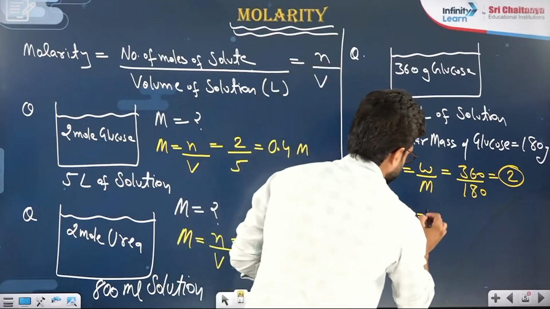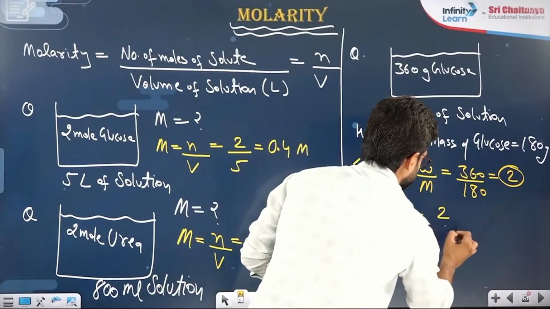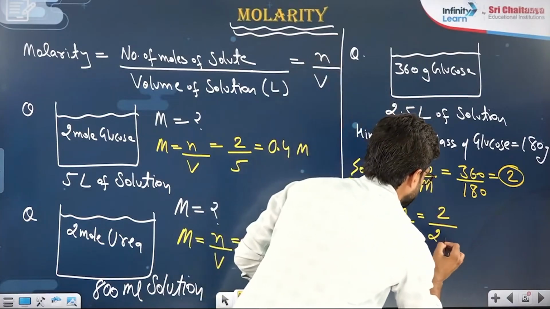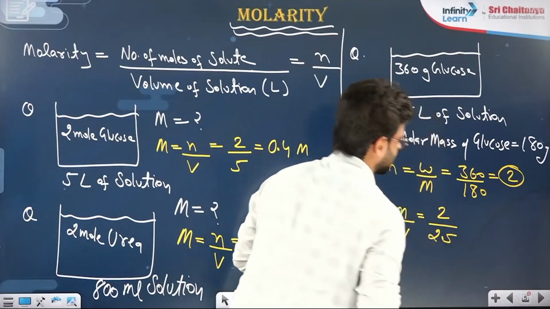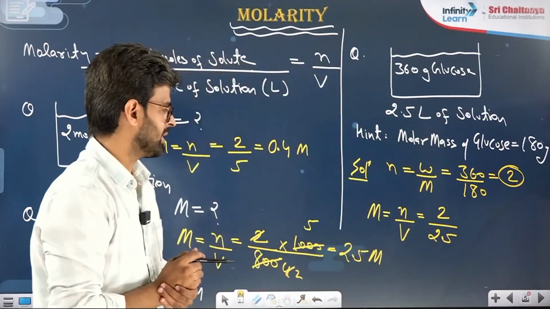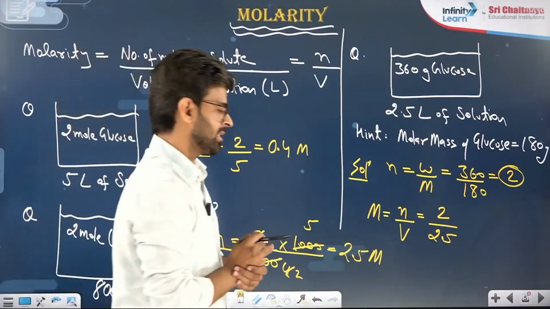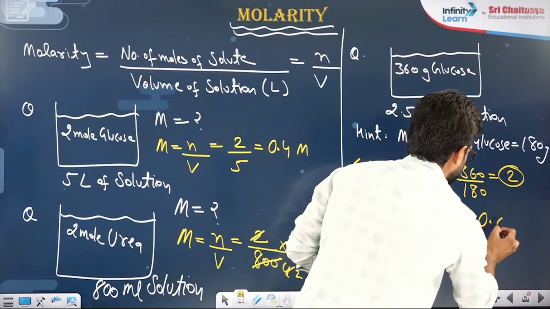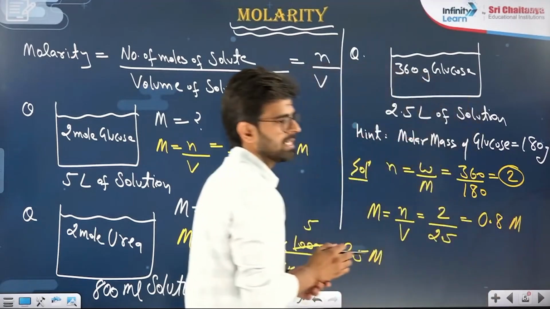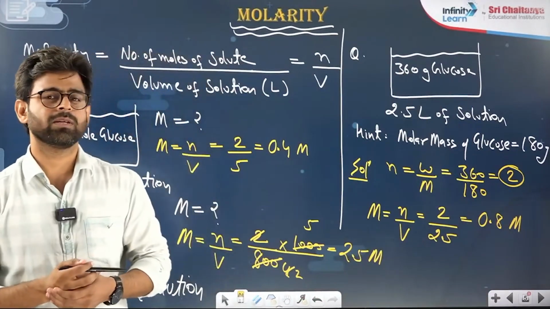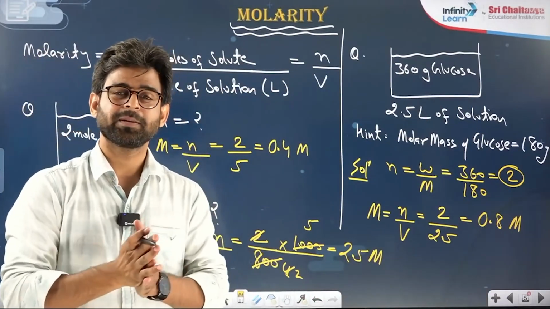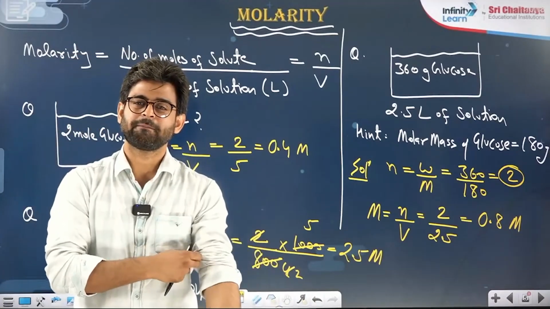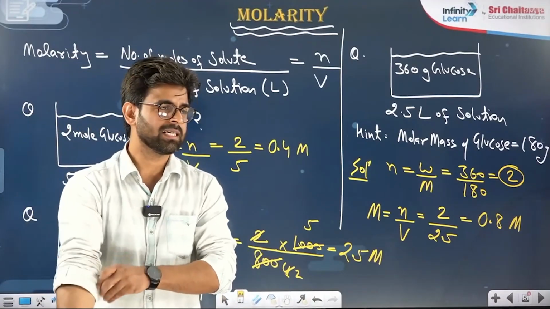How many moles? 2 moles, divided by the volume of solution, 2.5 liter. So what is coming? 0.8 molar. Very good. I hope we are clear.